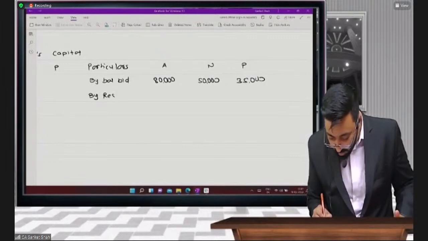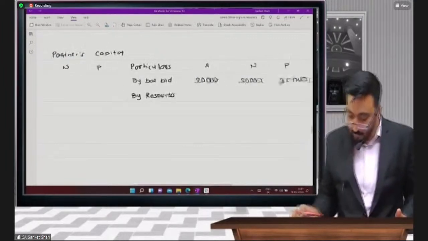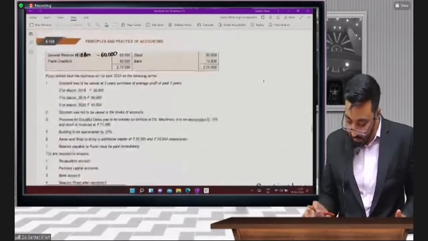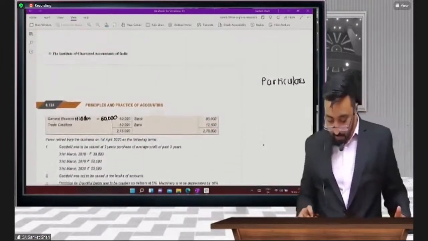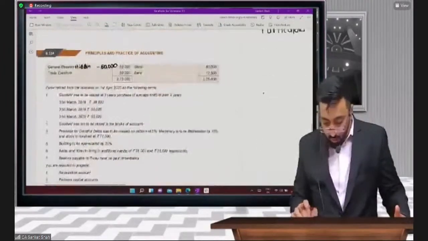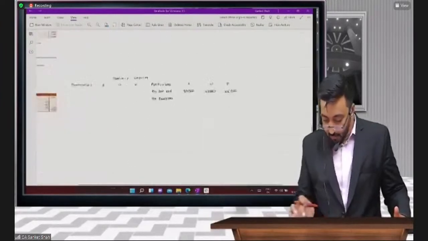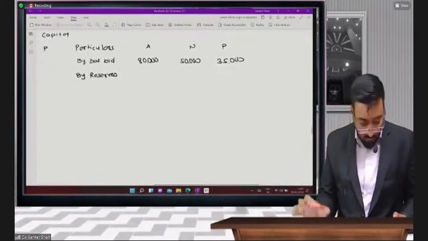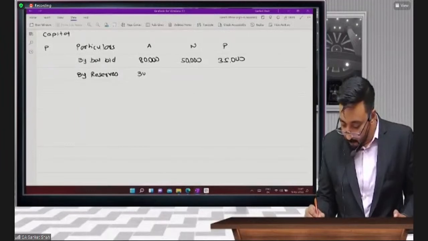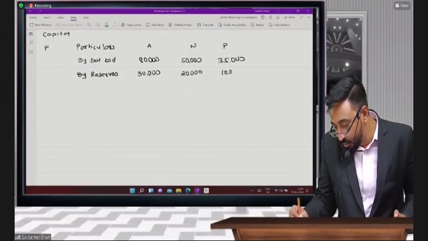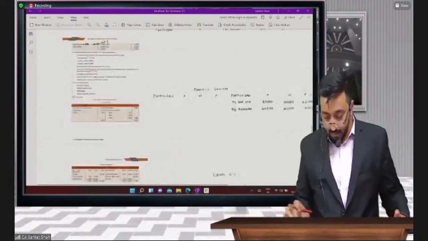Then by reserve 60,000. That 60,000 will be divided in the old ratio 3:2:1. So by reserve 30,000, 20,000, and 10,000. Okay, so done with this.